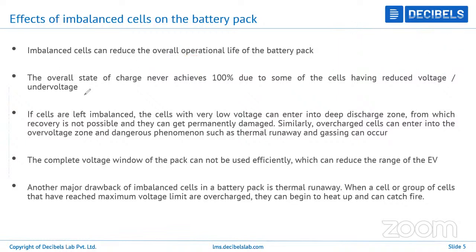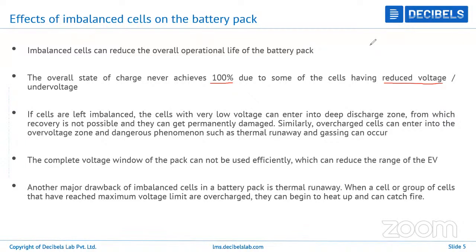The other one is that the overall state of charge of the entire battery pack will never achieve a true 100%, due to some of the cells having a limited voltage, right? As we saw in the diagram, some cells will reach 4.2 volts pretty quickly, but some cells will not reach it, no matter how much time you give them.